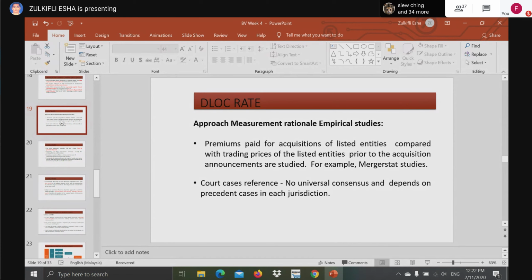And you need to decide how many percent you need to give for the DLOC. As mentioned in the previous slide, the normal rate used is between 15 to 40%. So you may choose whether to use 15 or maximum 40. Whatever figure you choose, you must have some evidence or justification to back up your figure.